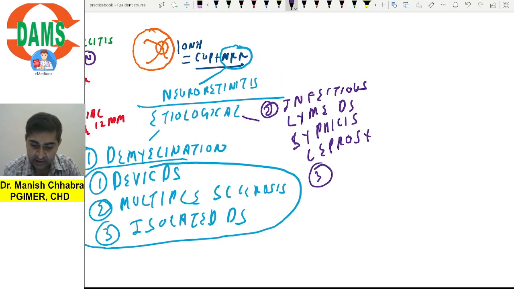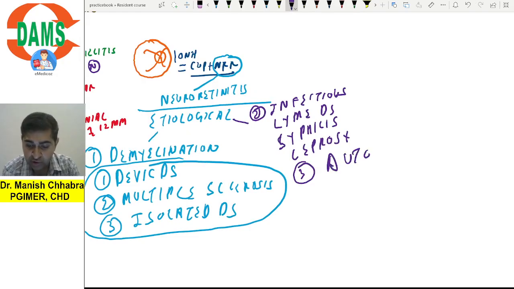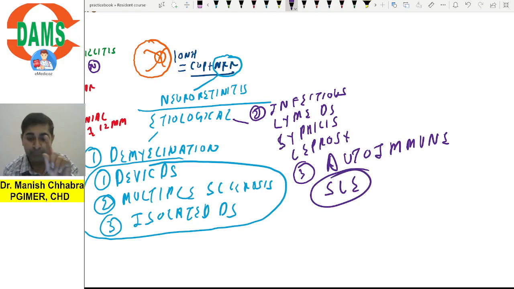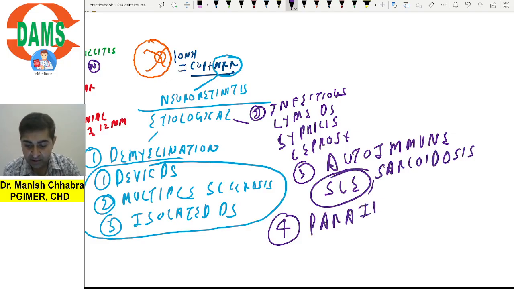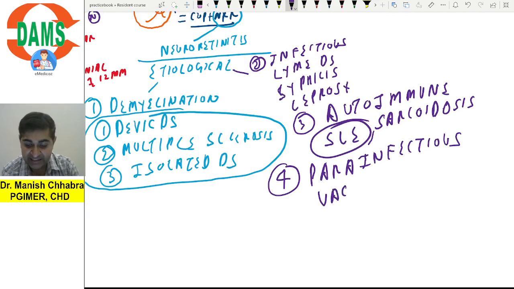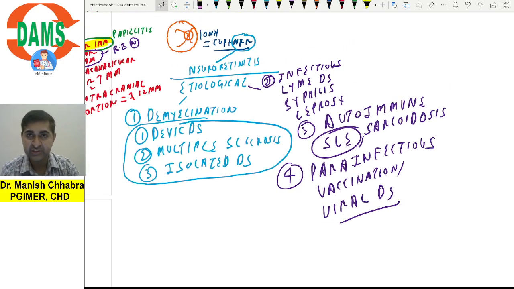Third is autoimmune: SLE, systemic lupus erythematosus, even sarcoidosis. Fourth is para-infectious. It can be due to vaccinations, viral disease. I hope you have understood. So this is based on etiology.